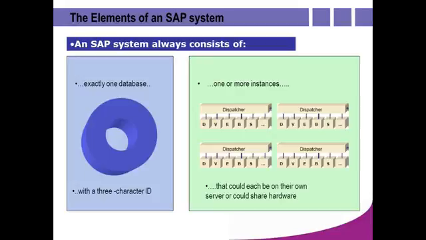Yes. As per this figure, we have four dispatchers. Excuse me, can somebody mute please? Thank you. Each dispatcher is associated with some work processes. These work processes will help you to process your request.